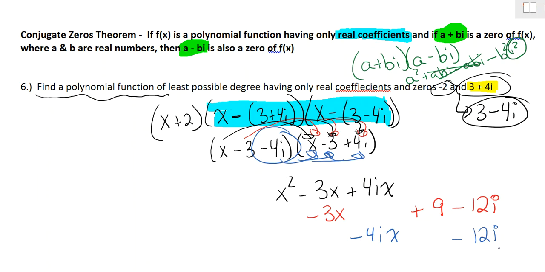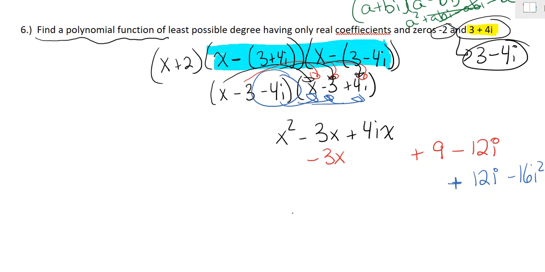And then finally, I'm going to get minus 16i squared. This should actually be a positive right here. Negative times a negative.